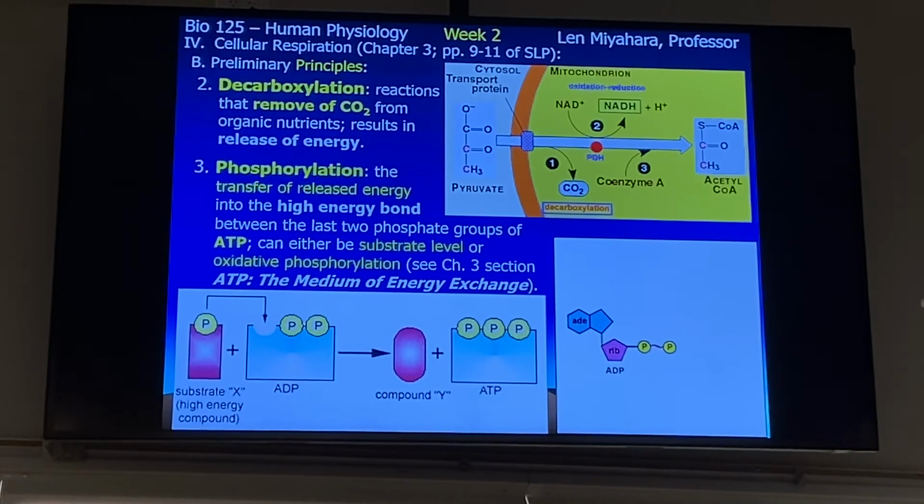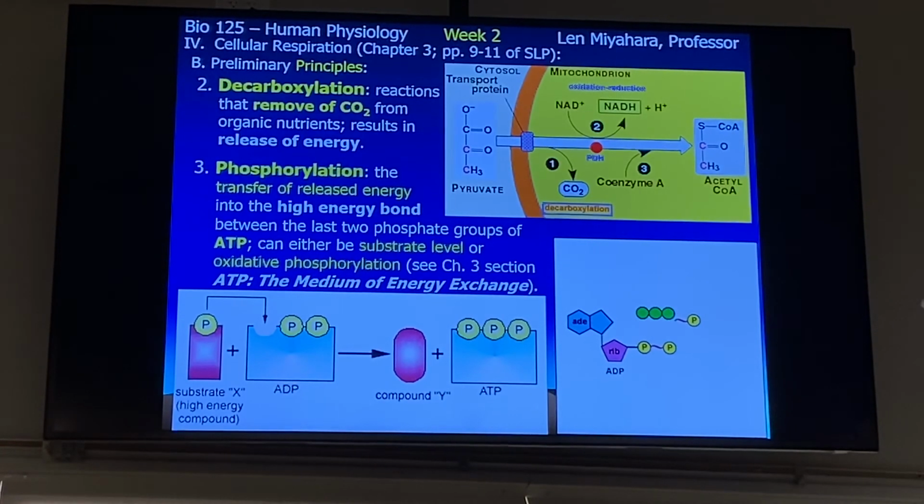If you make ATPs where there are carbons, that is substrate level phosphorylation. That's highlighted. If there are no carbons there, and you make ATP in these 3 stages, that's oxidative phosphorylation.